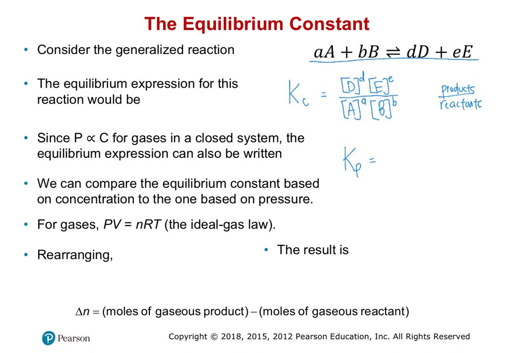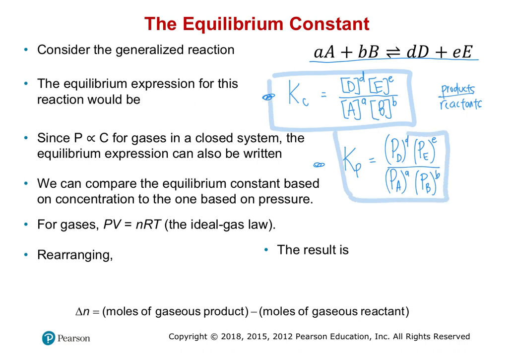That's going to be the pressure of D raised to the d power, times the pressure of E raised to the e power, divided by the pressure of A to the a power and the pressure of B to the b power. In general, these are the two equations you will use.